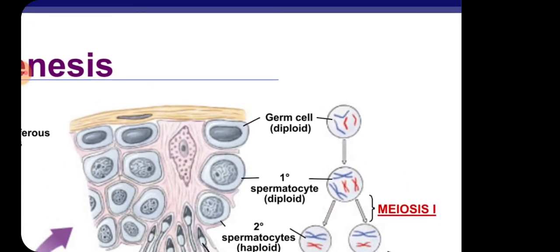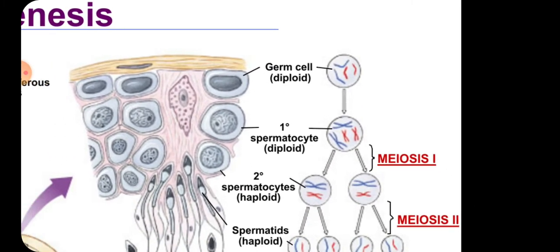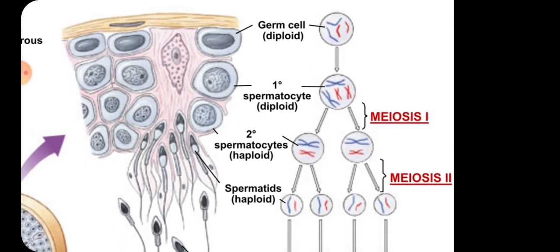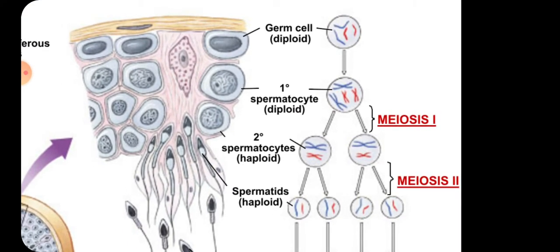Here, the germ cell is diploid, which is 2n in number. Then the first spermatocyte is also diploid. From diploid germ cells to first spermatocyte, mitosis takes place.